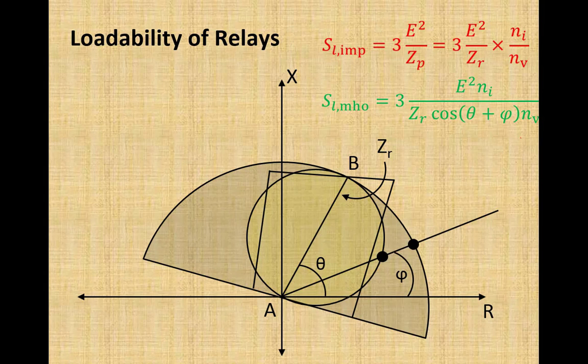The reach of all these three relay characteristics is the same, but the loading capability of this relay is further higher. Now you can have an idea of how we decide the right boundary straight line of the quadrilateral relay. That line will decide the loadability of the relay, how much load the relay can withstand without tripping.